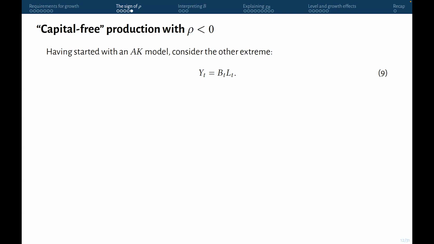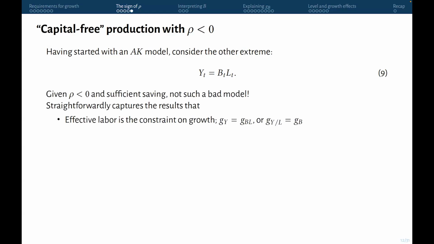So we kind of started talking about an AK model. Let's think about the other extreme in which we're basically constrained by effective labor. So let's just say that output is just proportional to effective labor, if we have sufficient saving, so we're in the effective labor constrained regime.